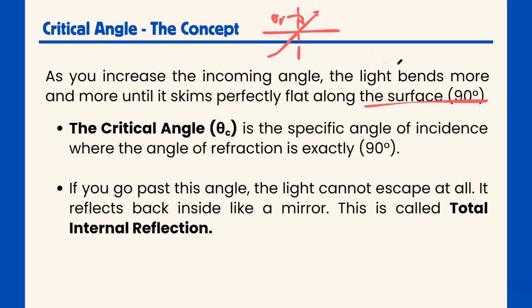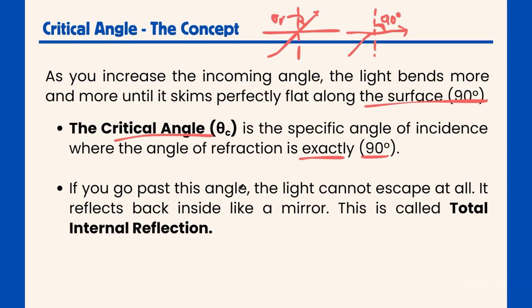And then if it is a critical angle, it is 90 degrees. Exactly 90 degrees is our angle of refraction. So it would actually look like this. This is 90 degrees.